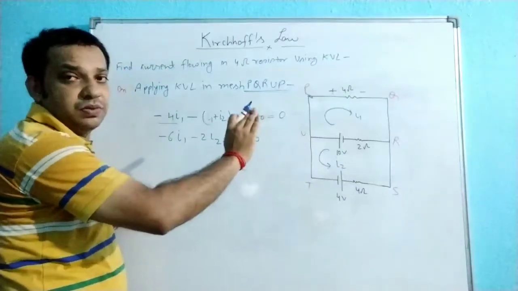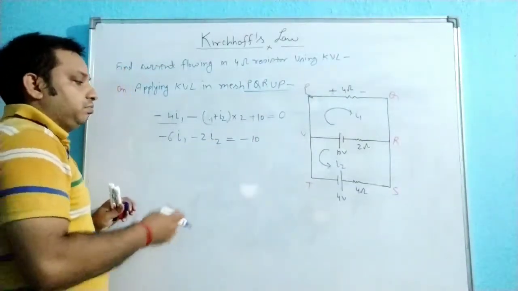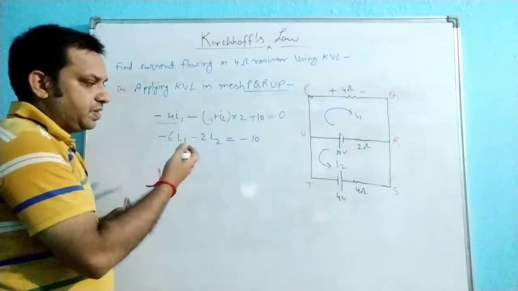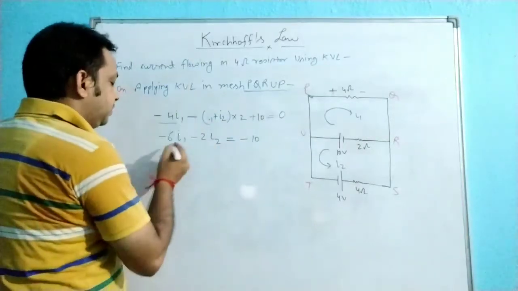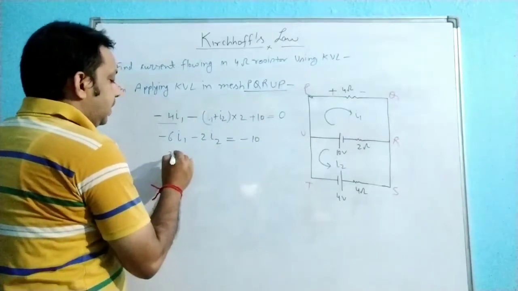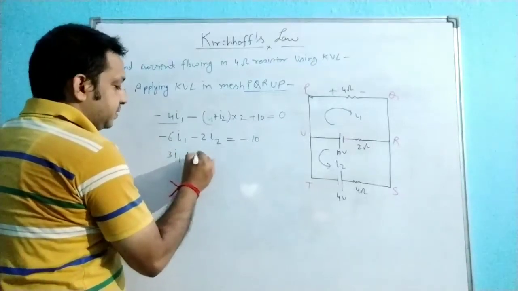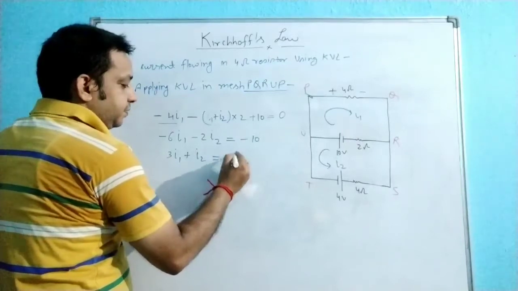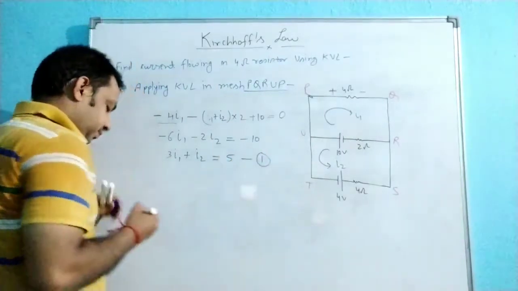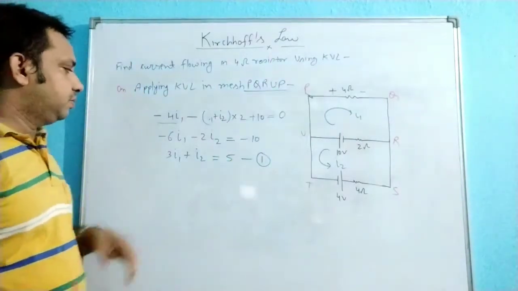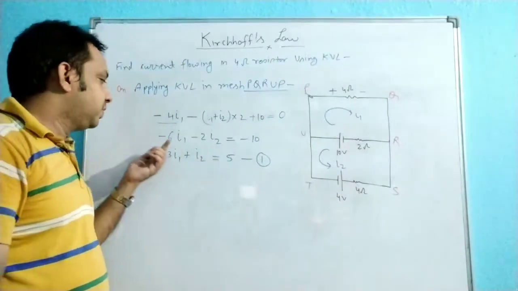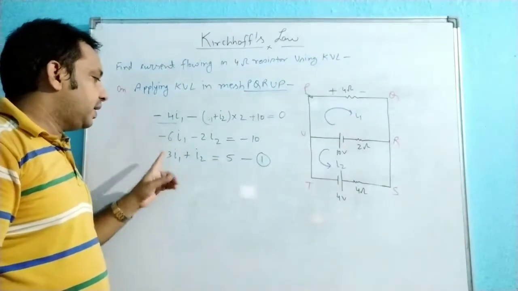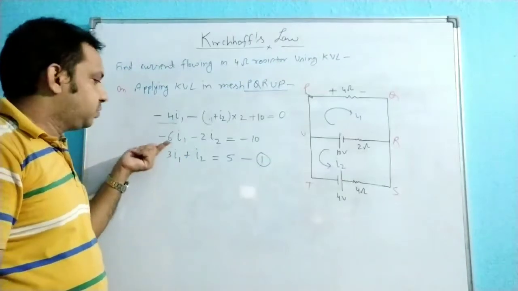Just divide the whole equation by minus 2. So that will become 3i1 plus i2 is equal to 5. Equation number 1. Multiply with the minus and also divide by 2 because 2 is common.